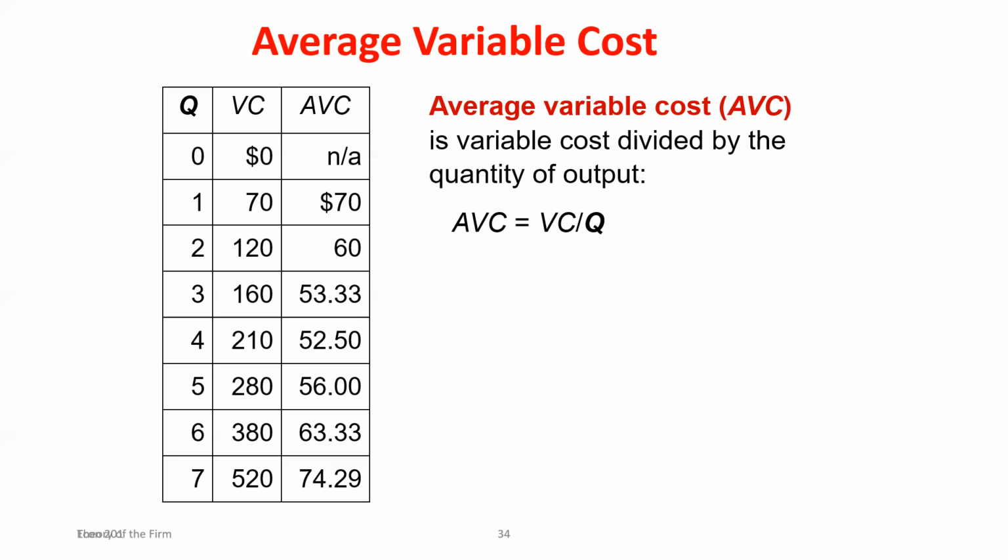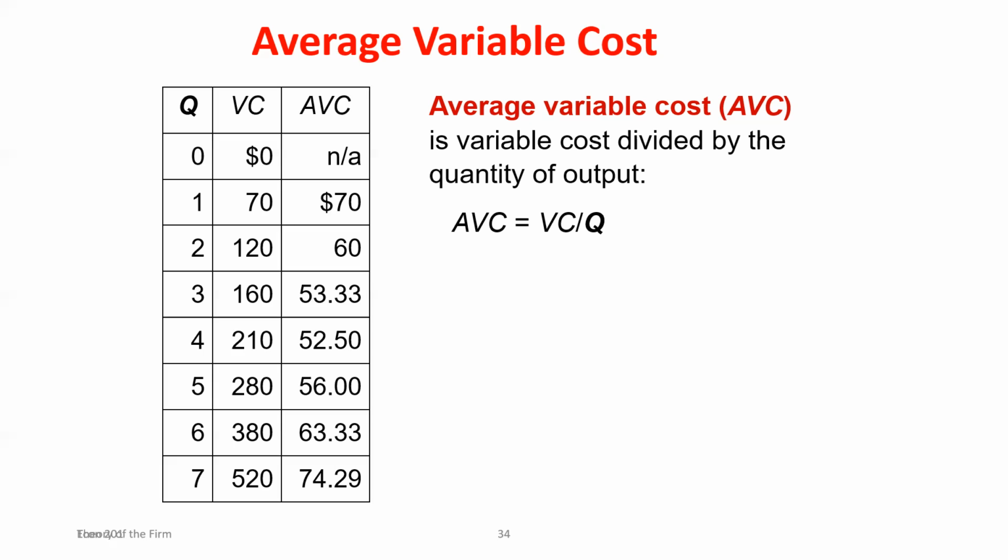Then for the second unit, maybe going from the first to the second unit, my marginal costs are falling a little bit. So notice this marginal cost value is lower than my old average. So what should be true about my new average variable cost? It should be a little bit lower.